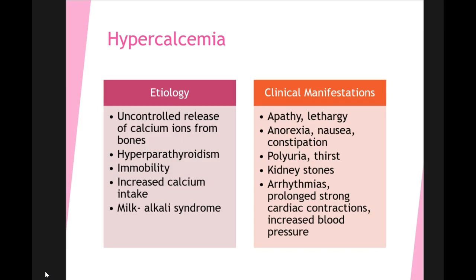And this is in excess of what the body actually needs, and that parathyroid hormone tells the bone to release calcium, and other parts of the body to reabsorb it, and we'll talk about that a little later. Also, hyperparathyroidism does the same thing, and again, we'll discuss that later in the presentation.